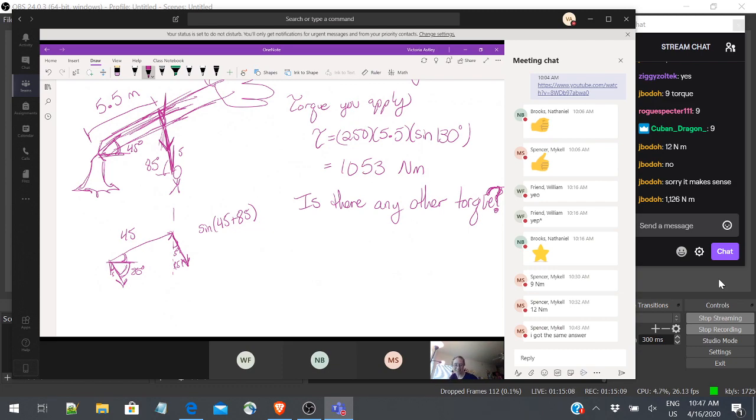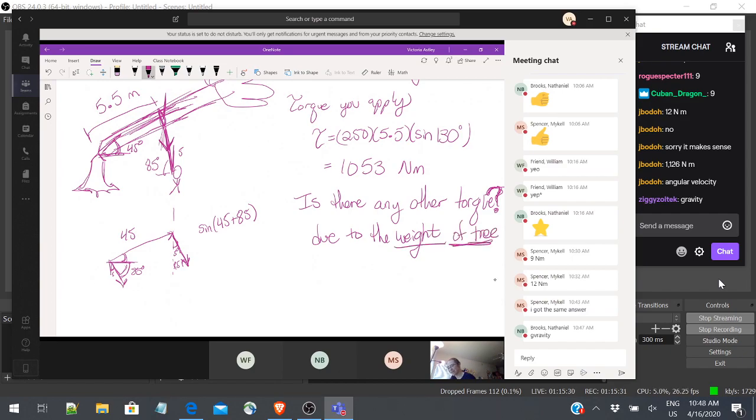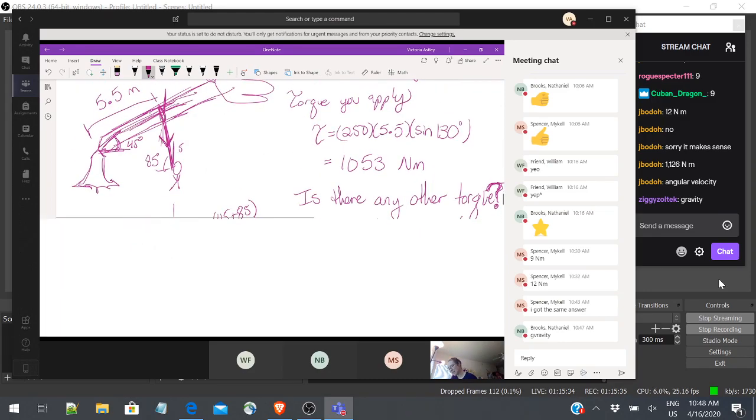Due to what? We're almost done. Gravity, yes. Due to the weight of the tree. Yes, there would be some initial angular velocity as well. That's true. But the weight of the tree.